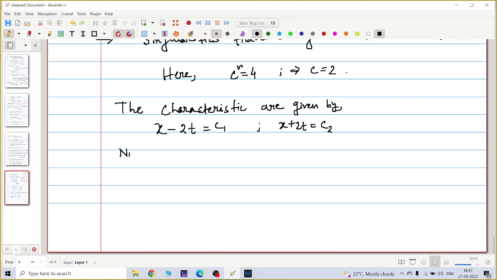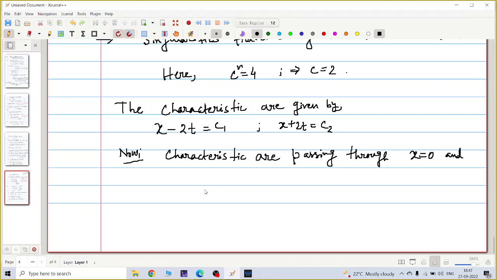So let me find the values of c1 and c2. Now the characteristics are passing through the x equal to 0 and x equal to 1 lines.